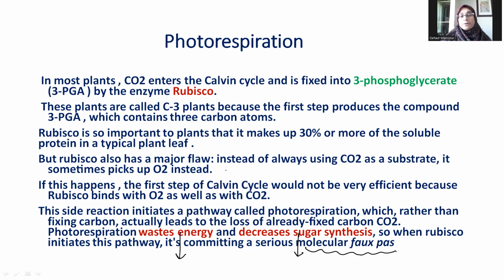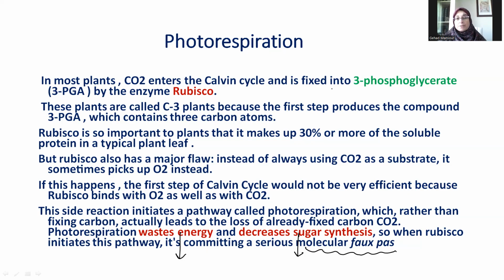Faux pas means incorrect step in French. So actually, I believe that it can't be a faux pas. This is something that occurs in the plants, and the plants are surviving despite the occurrence of photorespiration. So it can't be a faux pas, as they say, or a flaw, but it should have certain wisdom behind.